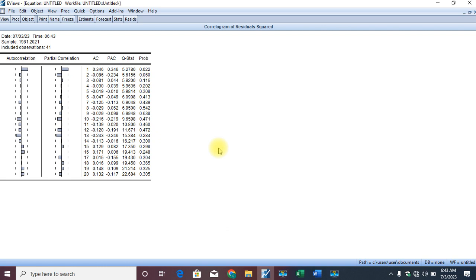This chart was estimated this morning, and we used 41 years of observations. We have the autocorrelation, the partial autocorrelation, the AC values, the partial autocorrelation values, the Ljung-Box values, which we call the Q statistics, and their probability values.